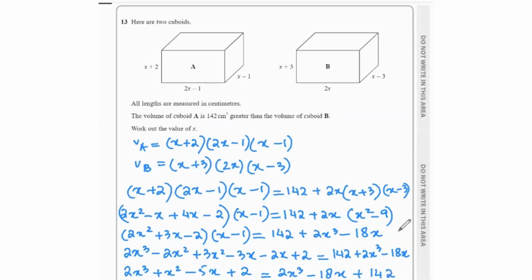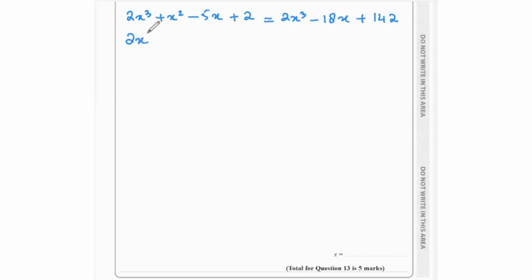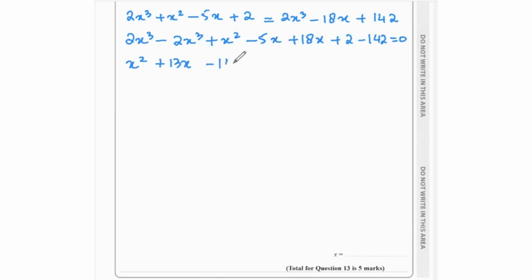Now we're going to collect all of the terms on one side. 2x cubed minus 2x cubed plus x squared minus 5x plus 18x plus 2 minus 142 equals 0. 2x cubed minus 2x cubed is 0. Minus 5x plus 18x is plus 13x. 2 minus 142 is minus 140, equals 0.